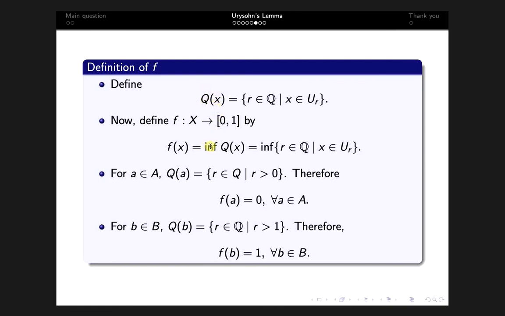Okay, so there exists the infimum of the set Q(x), and we define f(x) equal to the infimum of Q(x); more explicitly, the infimum of the set of rationals R such that x belongs to U_R. Okay, so this is the definition of the function.